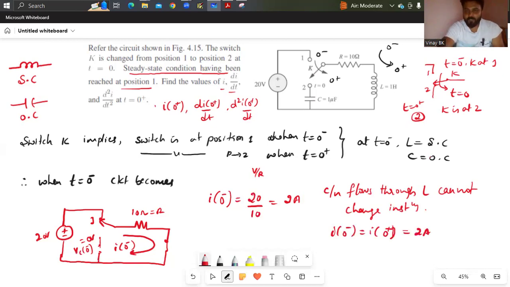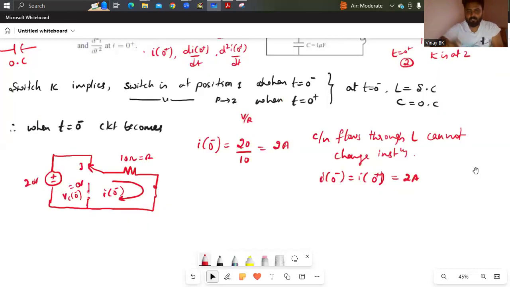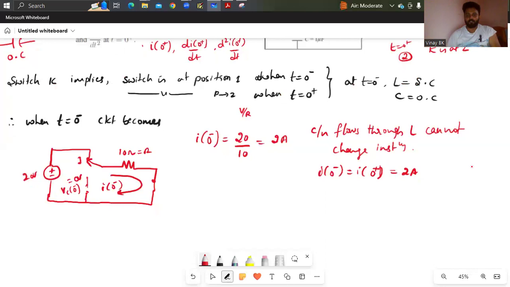Similarly, Vc of 0 minus, just now we got Vc of 0 minus is nothing but 0. And also Vc of 0 minus equals Vc of 0 plus, that is equal to 0 volts. Again, since voltage across capacitor C cannot change instantaneously.